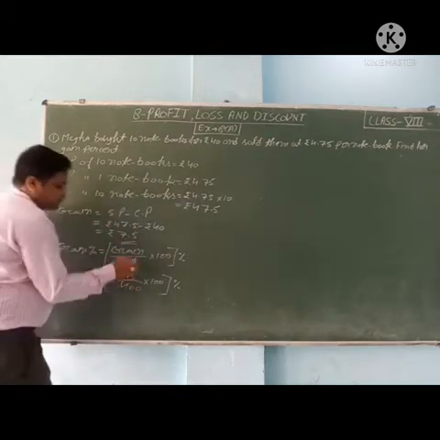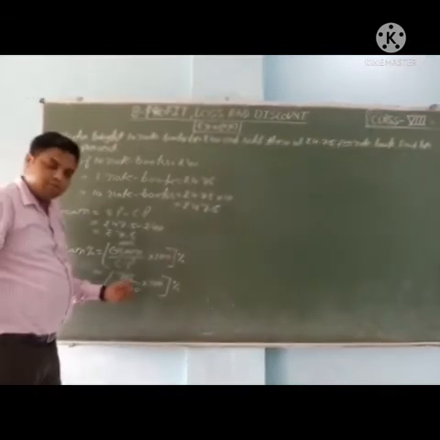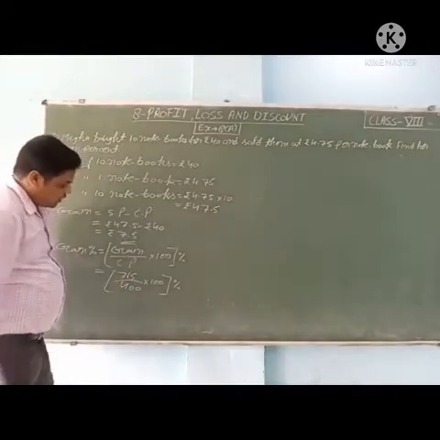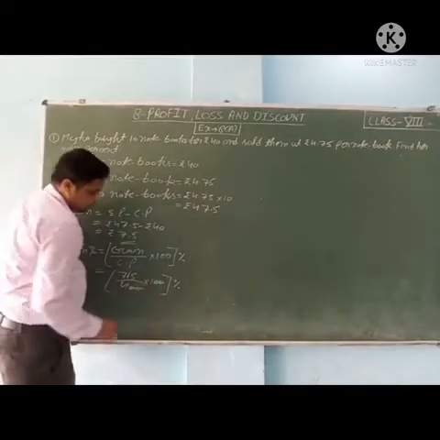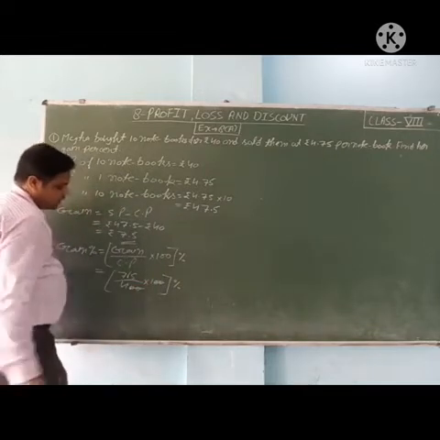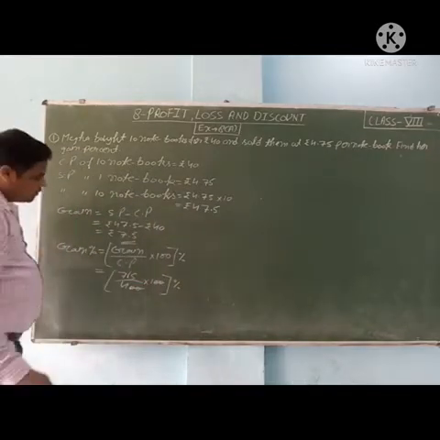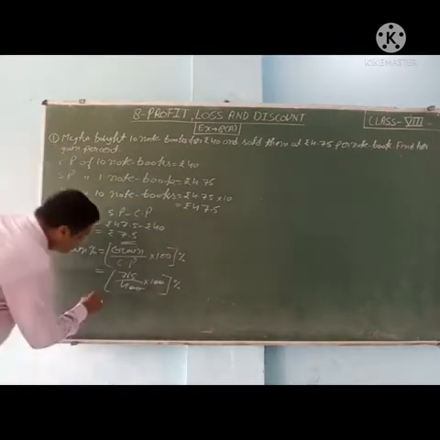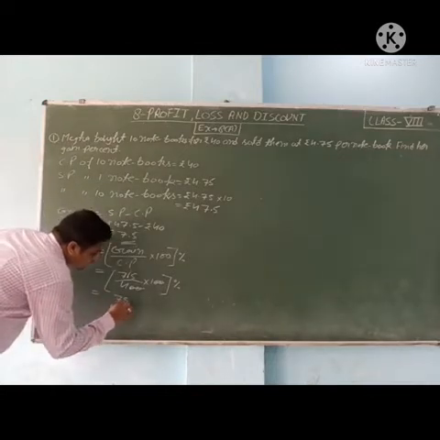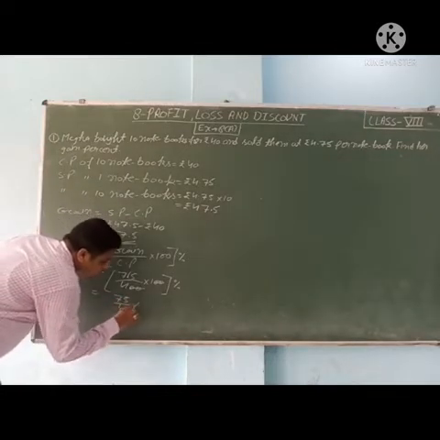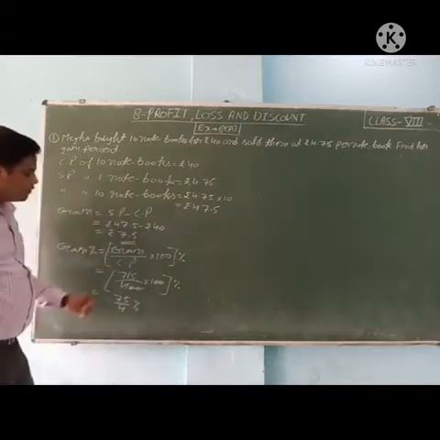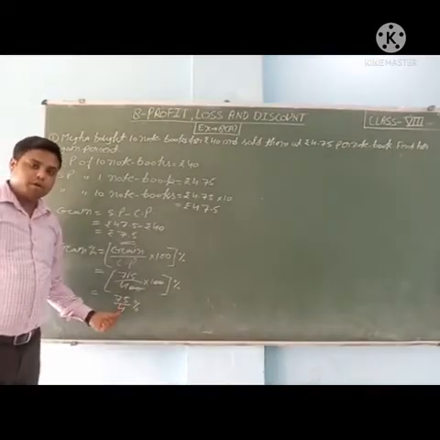We will remove the decimal and put a 10, because the decimal is after one digit. So both the 0s cancel. Now we will divide this, or if not divisible, give the answer as a mixed fraction. So what is coming? 75 upon 4%. It is not divisible, so we will convert 75 upon 4 into a mixed fraction.